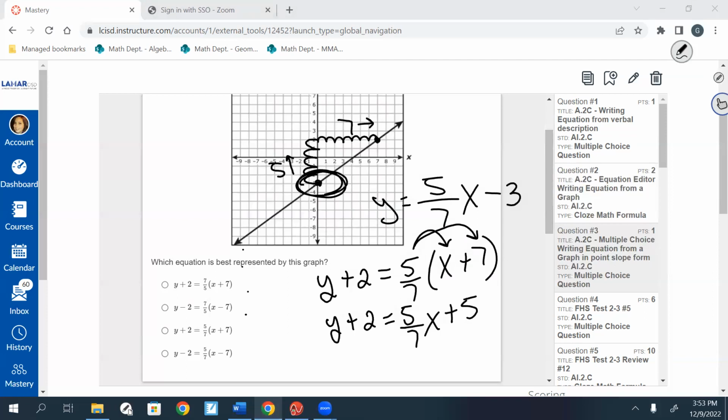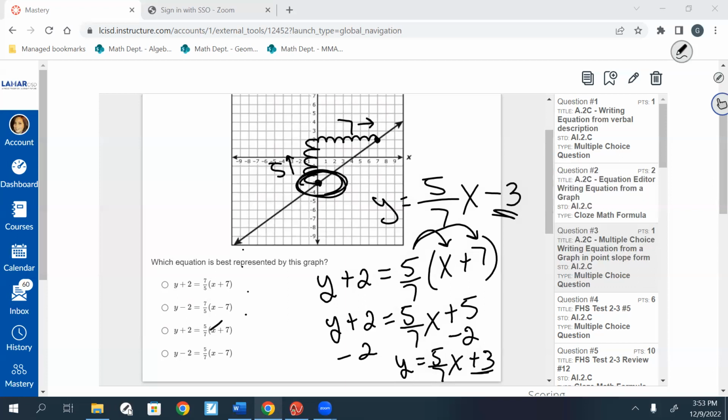And then now I need to move this plus 2 away from the y, so it's -2 on both sides. So you would end up with y equals 5/7x, and 5 minus 2 is 3, so plus 3. So does that match up here? Almost, but not quite. They have plus 3 when instead we need -3. So it's not going to be that one there.